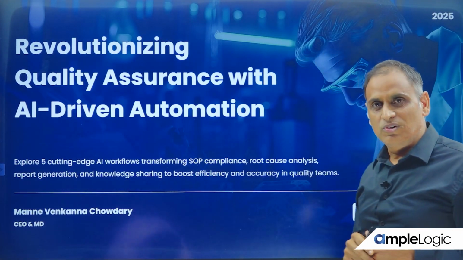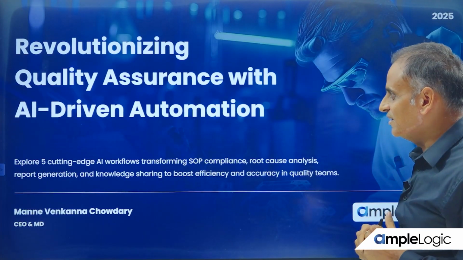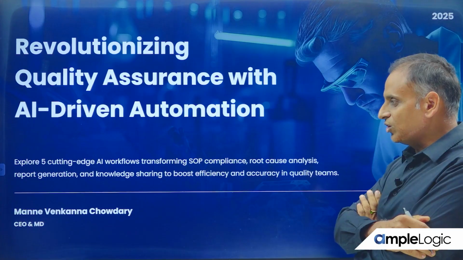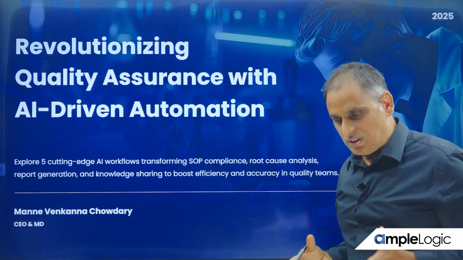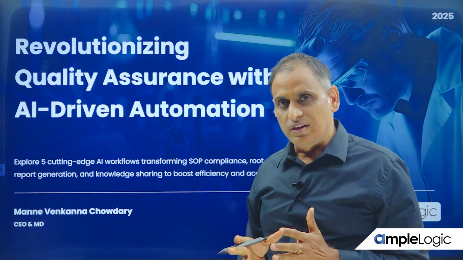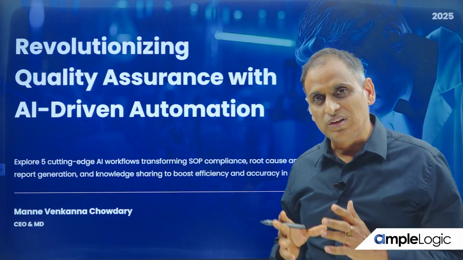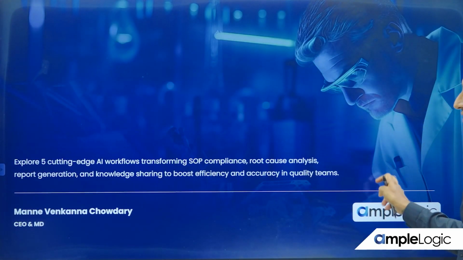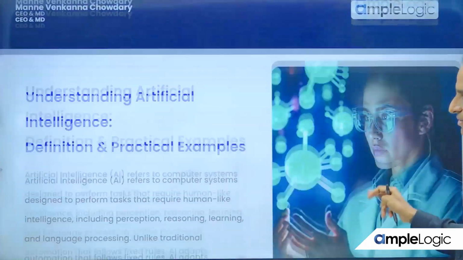So let me talk about the revelation in quality assurance with AI-driven automation. Here today we are going to talk about how, practically, we can implement AI from today onwards, right? So let me take a couple of examples.